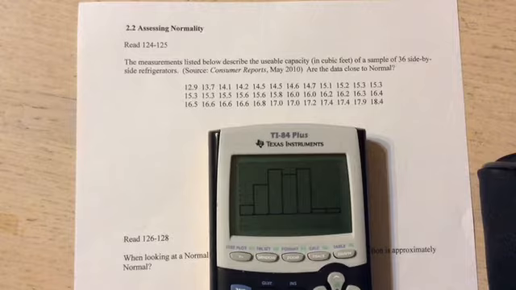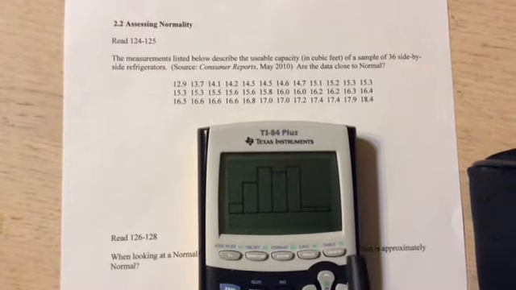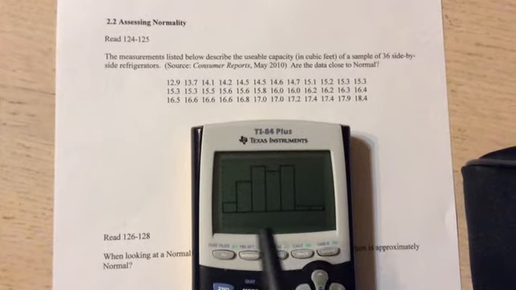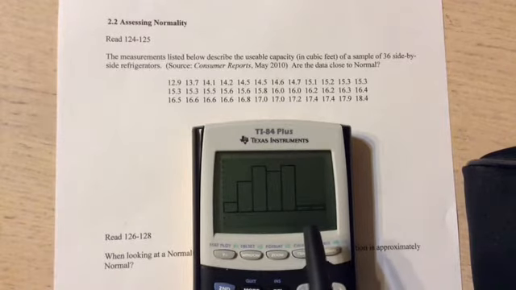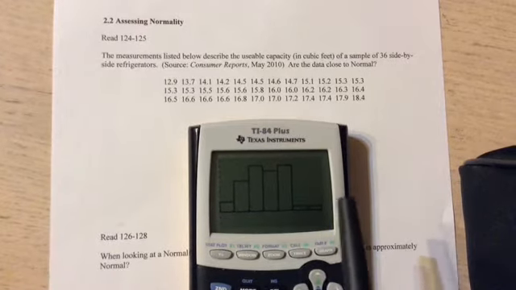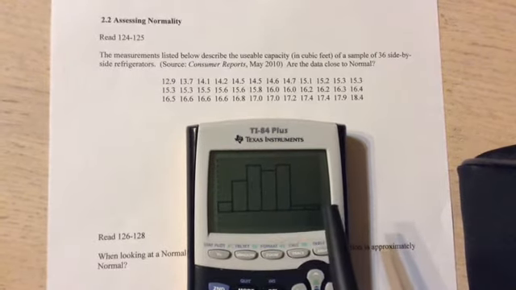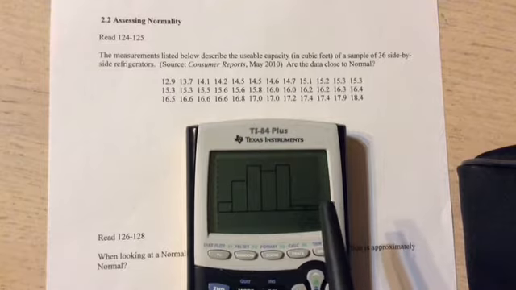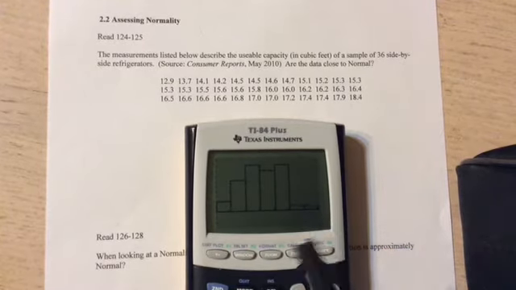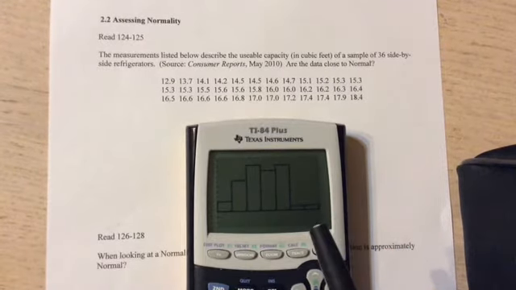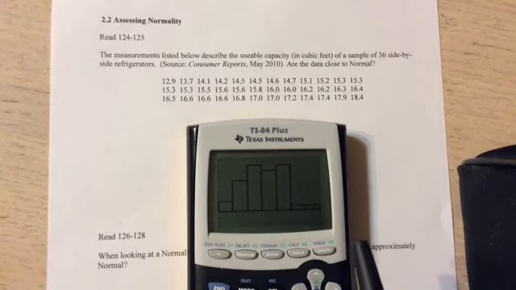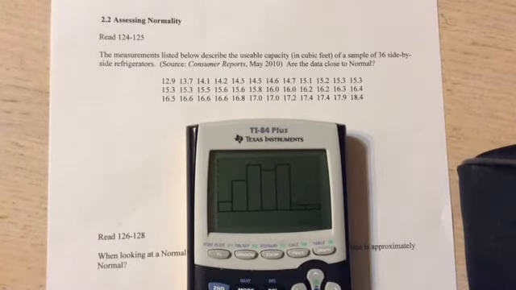Now that you have the graph in your notes, we need to take a look at a couple of other features of this data set in order to determine if it's normal. So in addition to the shape of the graph being unimodal and symmetric, we also have to have data that follows the 68, 95, 99.7 rule.